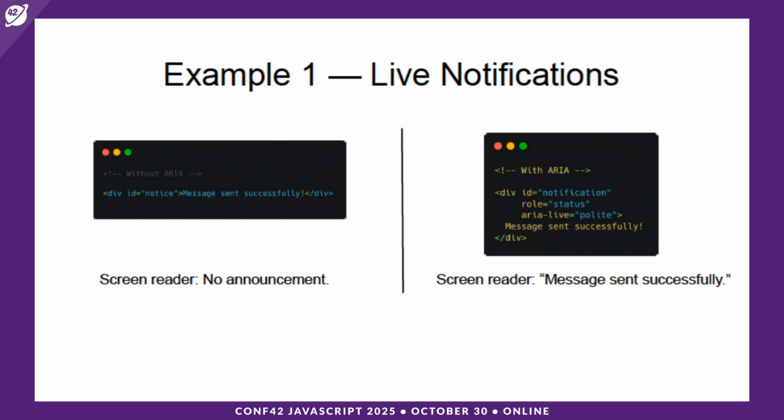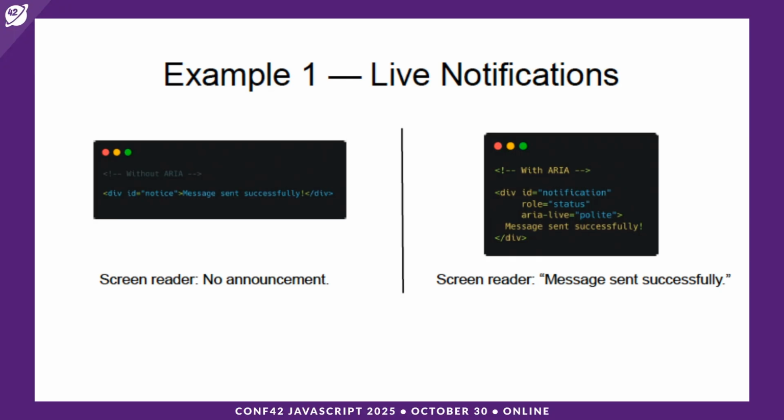A user without a disability will be able to see the message, message successfully sent. But a user using assistive technology like a screen reader would definitely get no announcement.